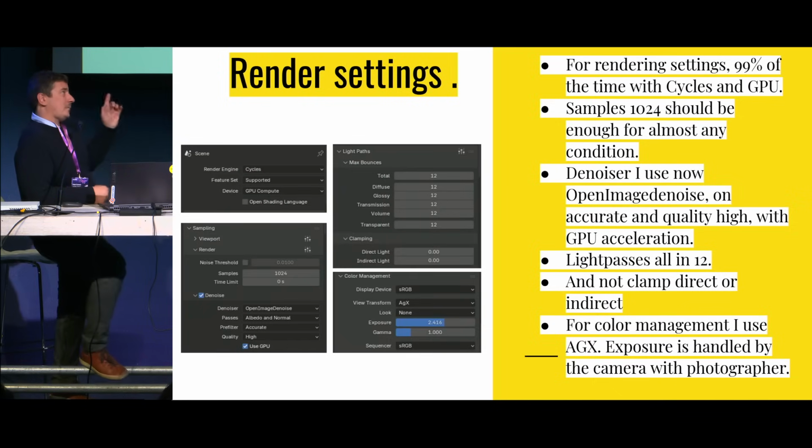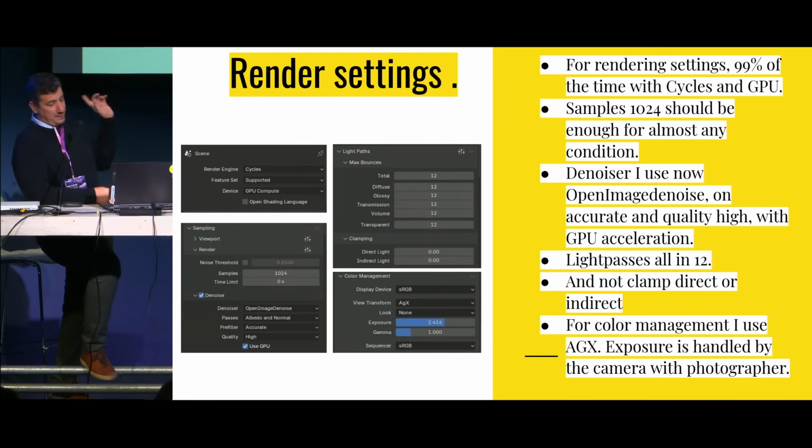right? More or less, we use these parameters all the time. Sometimes we change the feature set to experimental, because the adaptive subdivision for the displacement is still experimental, so we use it quite often. And then we use GPU, as I mentioned before.